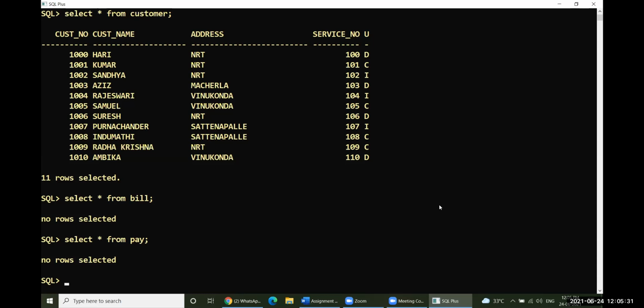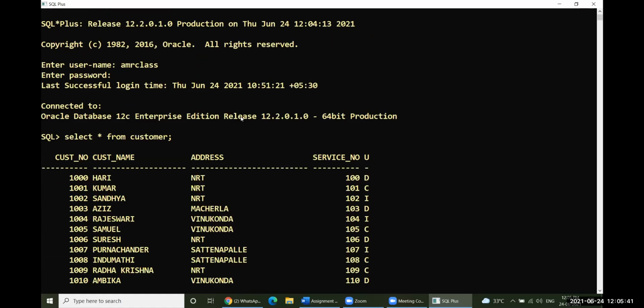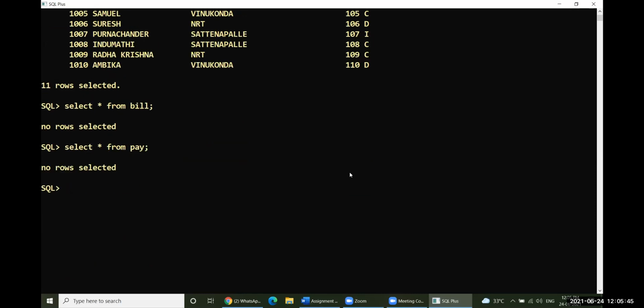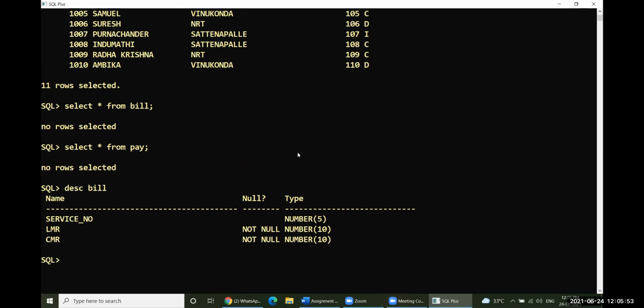So insert into bill values. The first value is service number. So these are the columns.